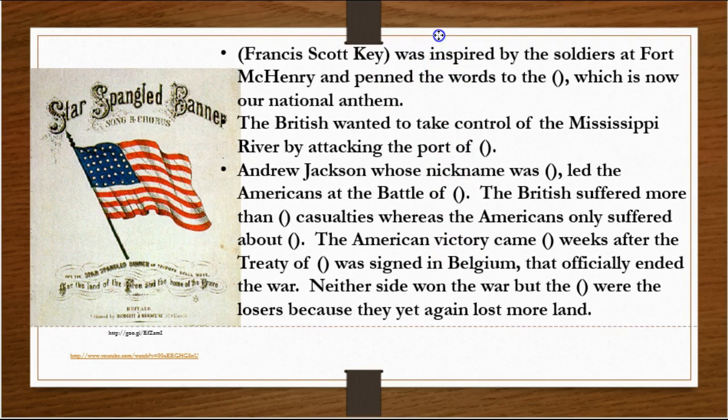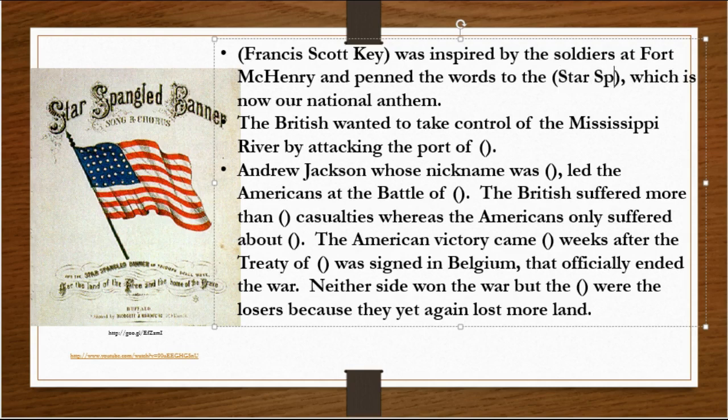And as those bombs are being dropped on Fort McHenry, some of them don't explode when they hit the ground like they're supposed to. Some of them explode in the air, and he sees something similar to a fireworks display. And as Francis Scott Key is watching this, he is inspired by it, and he writes down some words that would eventually become the words of the Star-Spangled Banner, which is our national anthem today.